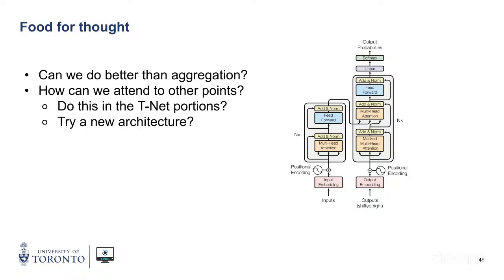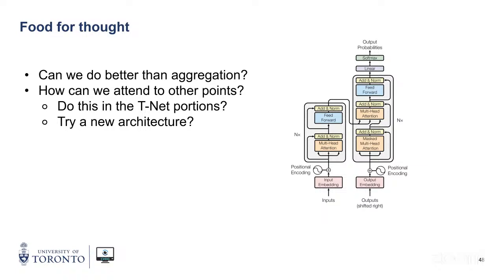I know we had this theorem that the authors have that says that we can approximate any permutation invariant function, but maybe we can do a bit better than this. I don't know. Maybe even though we can come up with weights that approximate any permutation invariant function, this doesn't actually happen in practice. And there are some issues with training dynamics that cause this to not work too well.